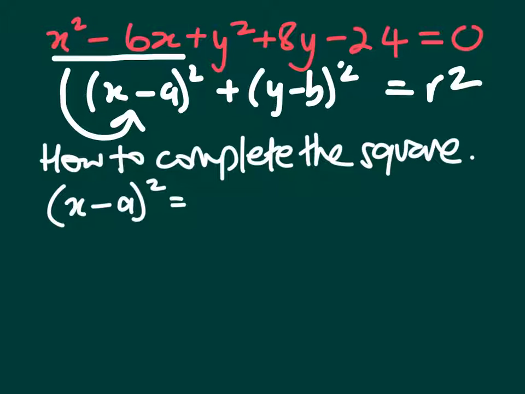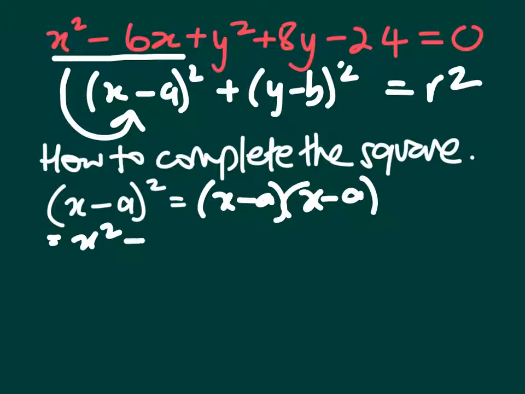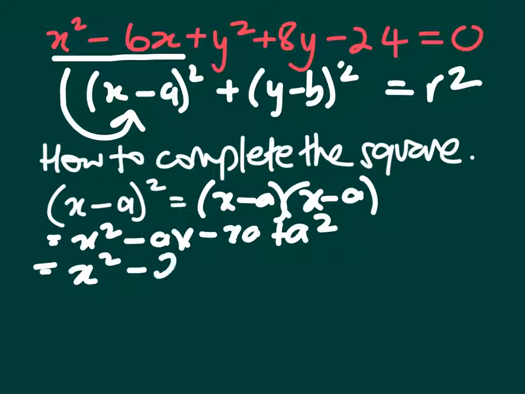If (x − a)² is a perfect square, if we expand that out, we've got (x − a)(x − a), and that's going to give us x² − ax − xa + a². If we simplify that, whenever we have a perfect square we have x² − 2ax + a².